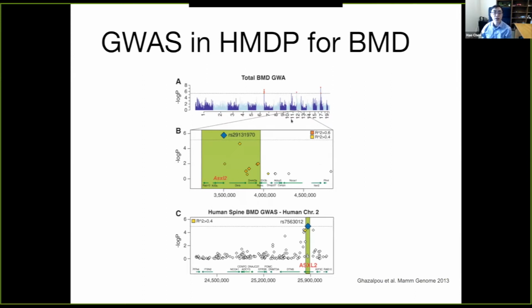They were studying bone mineral density using the HMDP, and there were 3 QTLs that achieved genome-wide significance. One of them is at the beginning of chromosome 12, and under this QTL, there is this SNP, which is in close proximity to the gene ASXL2. Later on, they were able to replicate this significant association in a human population.